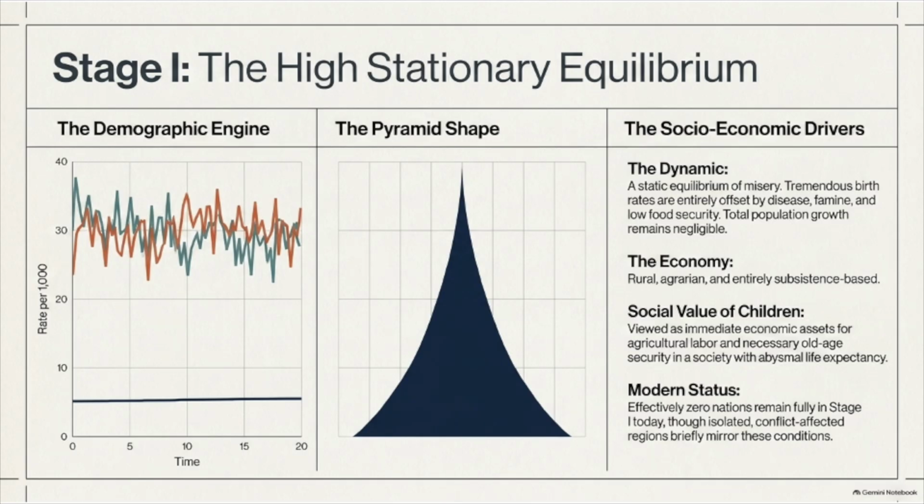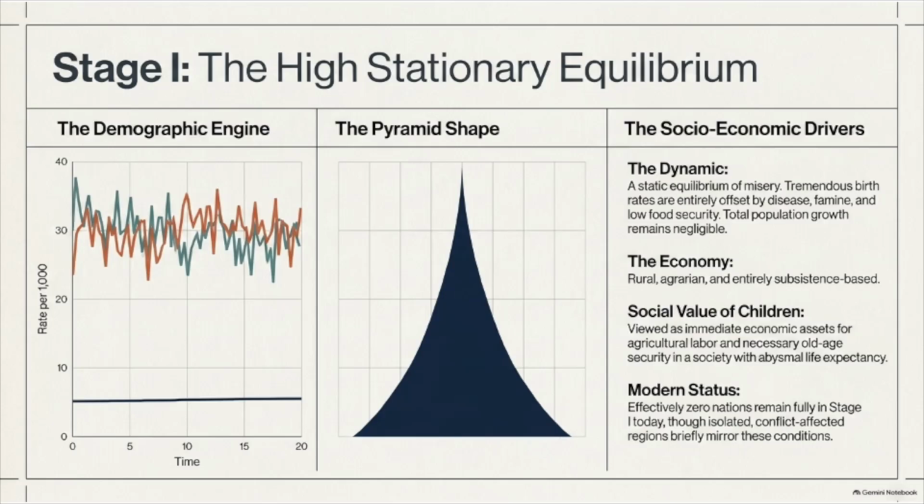Let us now examine each stage in detail, starting with stage 1, the high stationary equilibrium. The dynamic here is a static equilibrium of misery, where tremendous birth rates are entirely offset by disease, famine, and low food security. So, total population growth remains negligible.